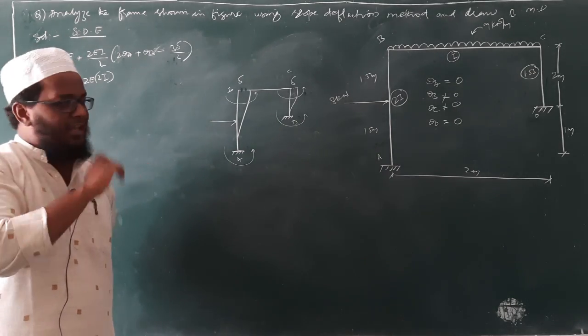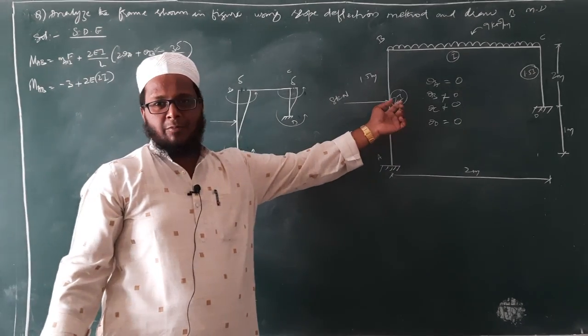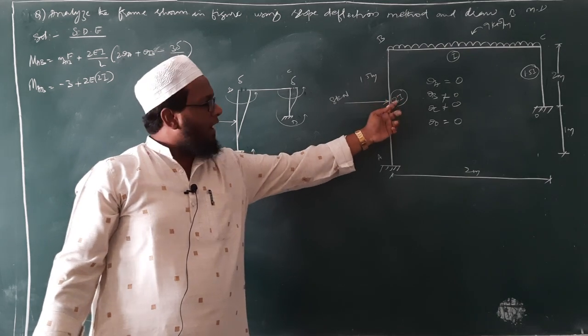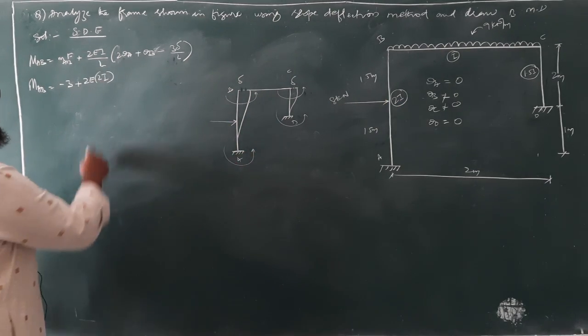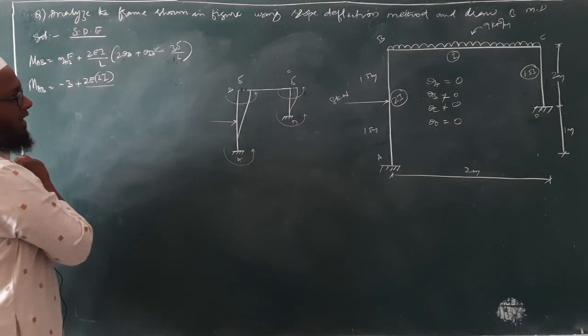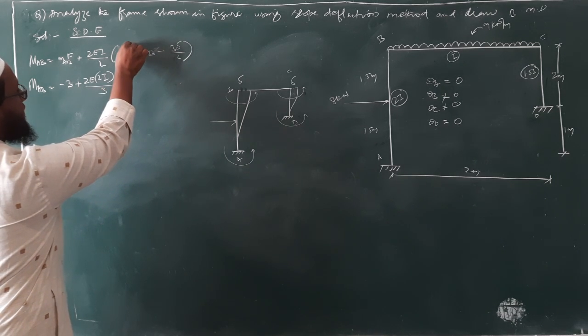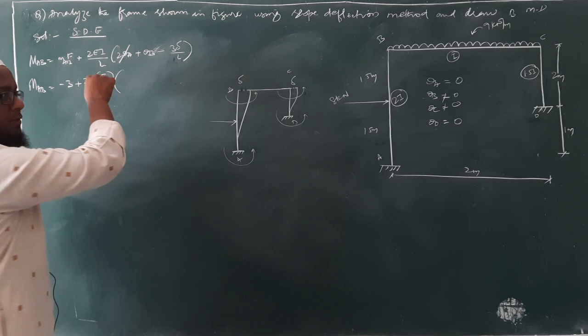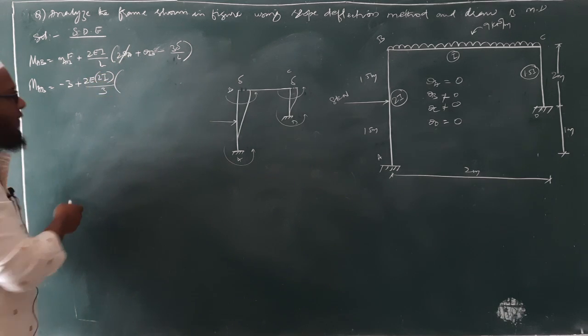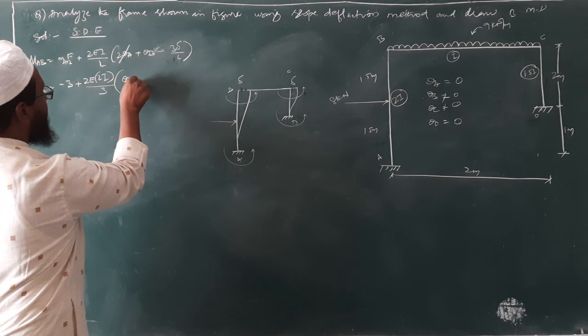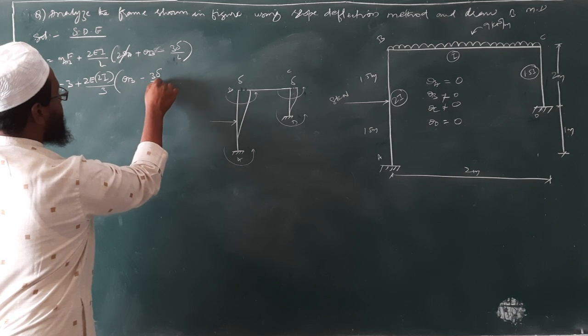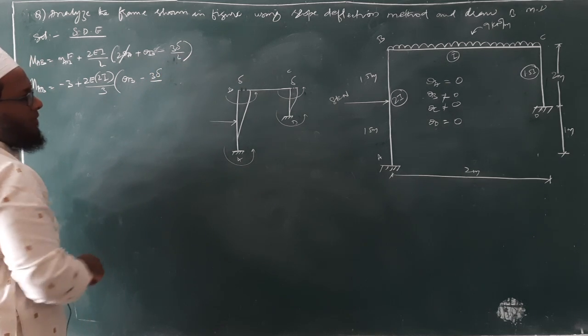So once you miss anything, once you write only I here, the entire problem goes wrong. So 2I, you have to mention here 2I. What about L? What is the span of L? AB? 3. Theta A is 0. Don't say don't know. Theta A is 0. Here we'll be having theta B minus 3 delta by L. What about L? 3.